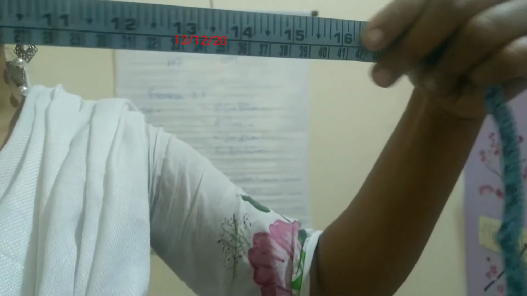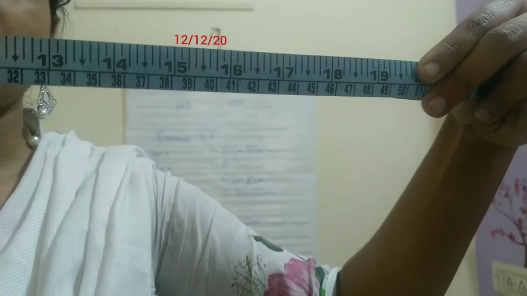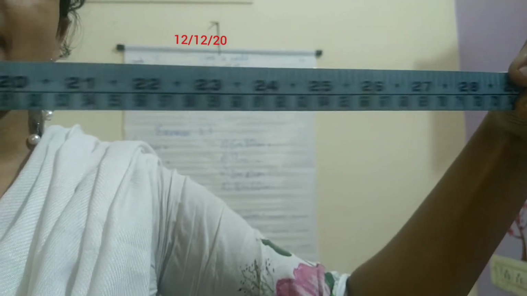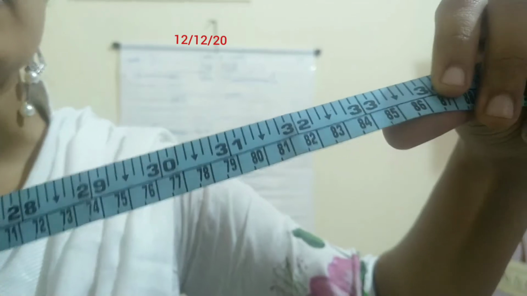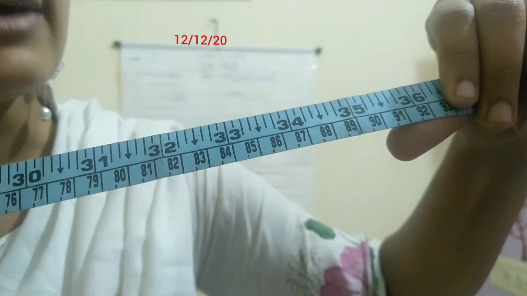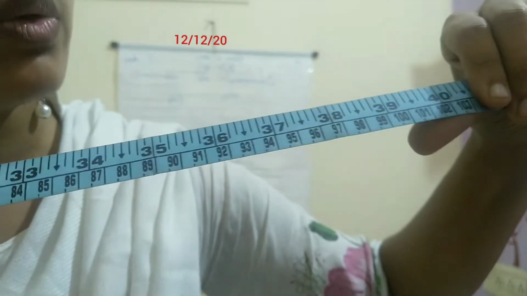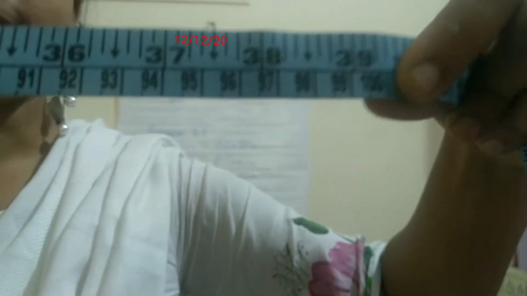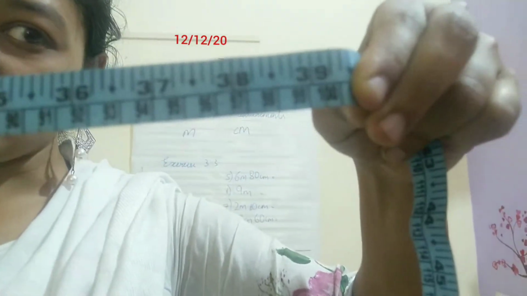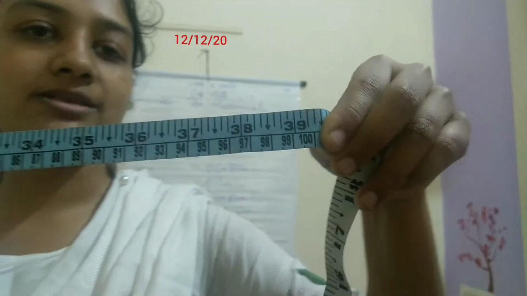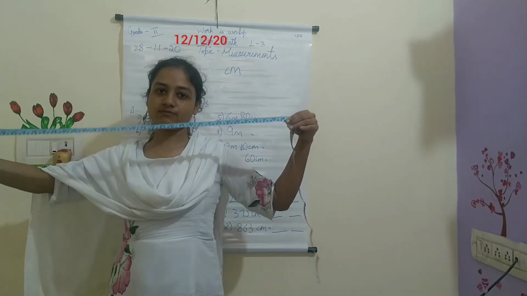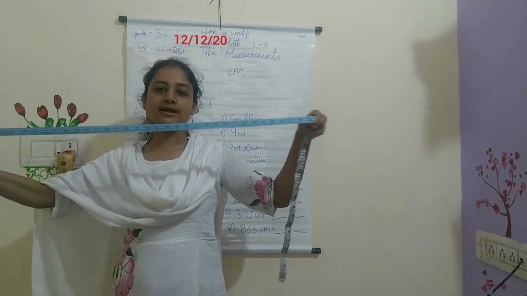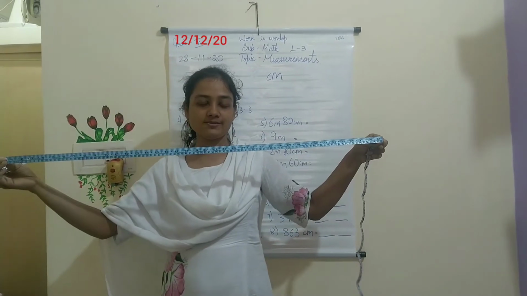For converting centimeters and meters, we have one common thing. You can see numbers going beyond 85, 87, 90, 92 and so on. And you see 100 here. If you see this 100, that means you have 100 centimeters. See children, from here till here where I have placed my finger, I have 100 centimeters.